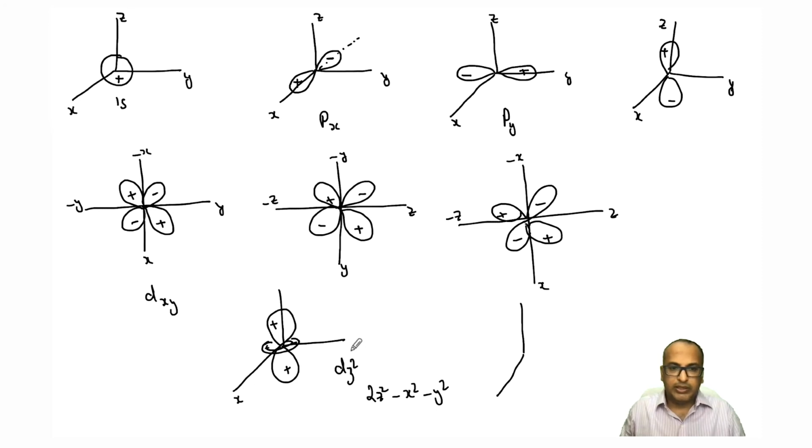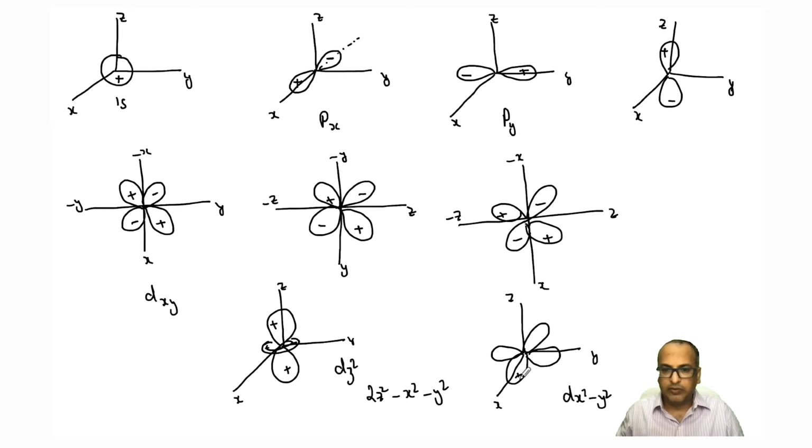And the last one is dx square minus y square, which will be along the axis now. Now x will be positive and y will be negative, right? Because we have y square as negative and x square as positive.